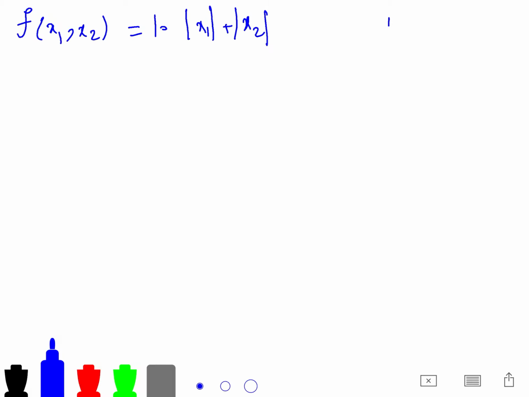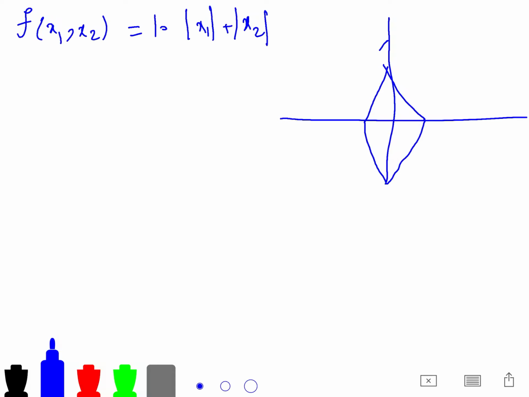So the shape of the contours are like this; these are the contours of this function. For example, at point 0 and -3, at x equal to -3, we have a non-smooth point.